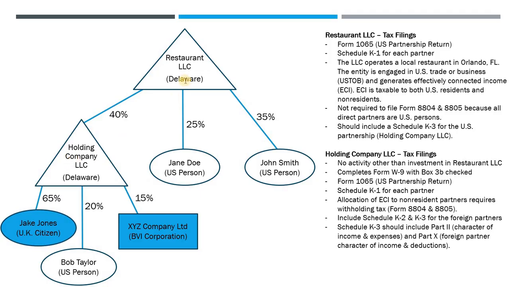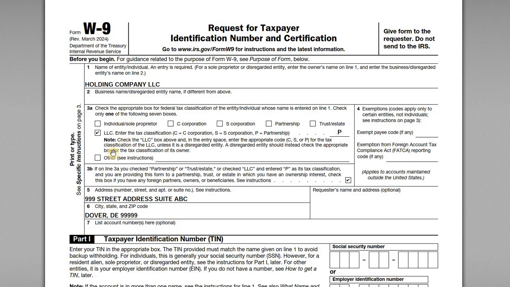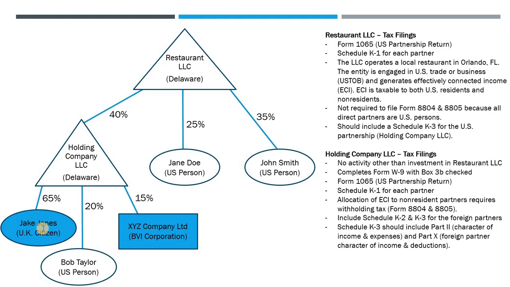So if Holding Company LLC is an investor in the Restaurant LLC, it's preparing the W-9 to provide to Restaurant LLC. So when it's preparing its W-9 here, it appropriately checks line 3B because the Holding Company LLC has direct foreign partners, okay?